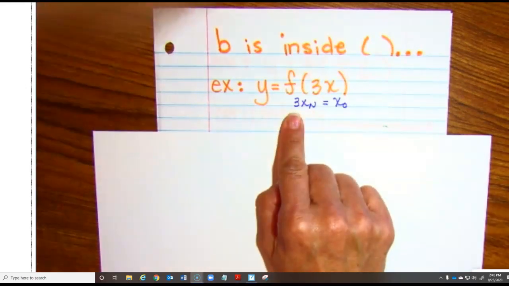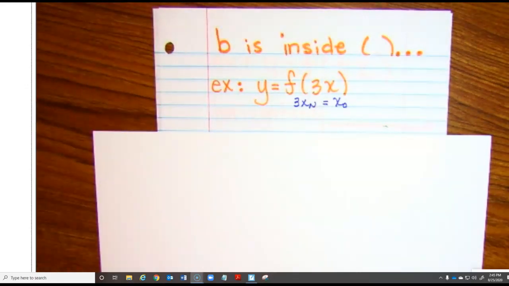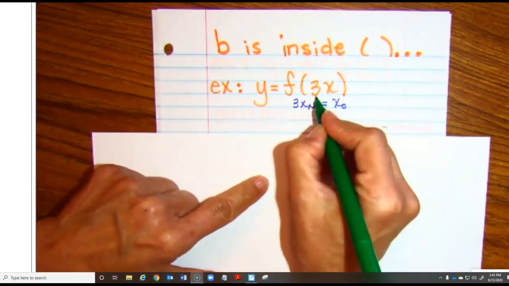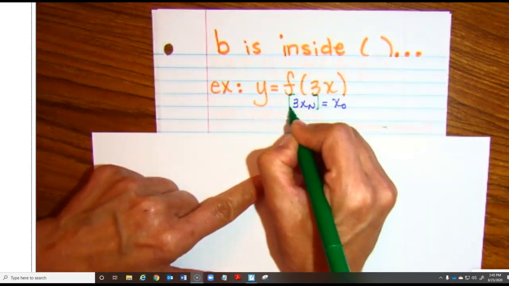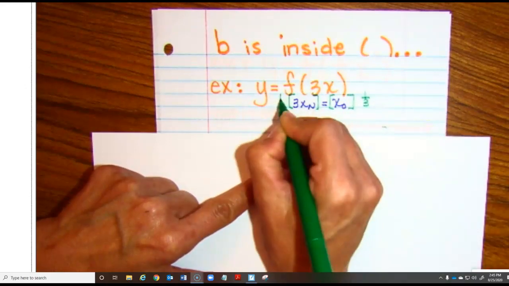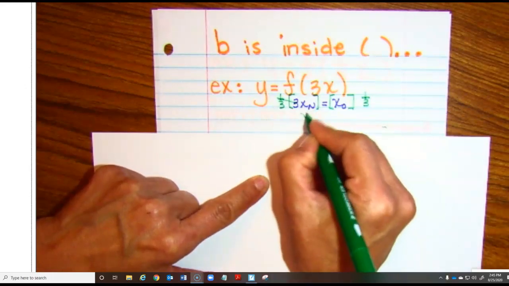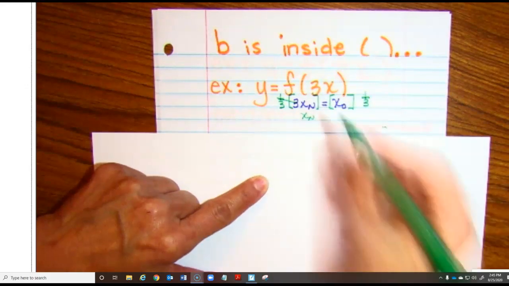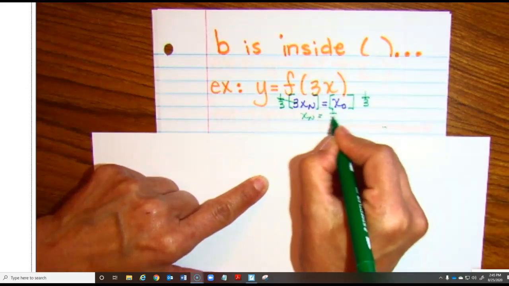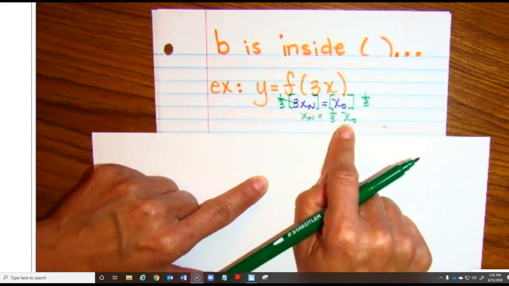How can I make that 3 go away? Because we want to isolate the x sub n. You could divide by 3, or you could multiply by the reciprocal. That is the same exact math. I am going to multiply both sides by the reciprocal, which is going to be 1/3. Of course, these cancel out. So if you need to find x sub n, then you know that it is going to be 1/3 of whatever the original output is.